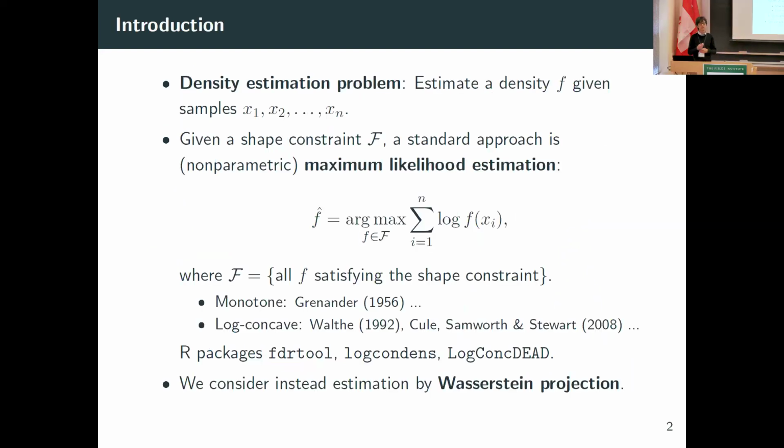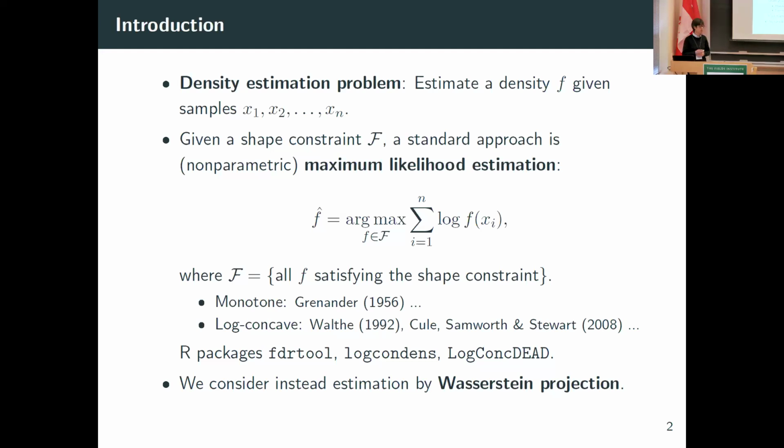I'm interested in a very basic problem in statistics, which is that of density estimation. Very simple: I have data x1 up to xn, and you assume that they are samples from a certain density, and you want to construct a density estimator out of the samples.